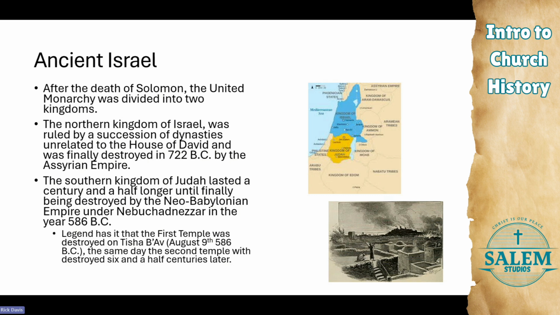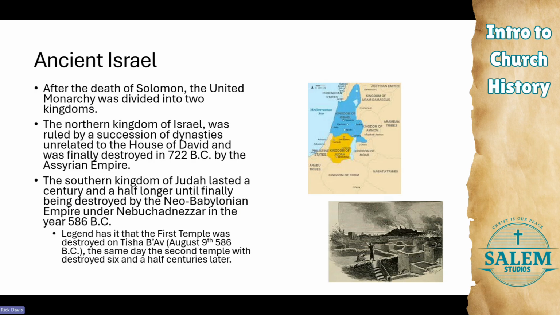And legend has it that the first temple was destroyed on Tisha B'Av, which is, I say the 9th of August, but it's really the 9th of the month of Av, which roughly corresponds with August, in 586 BC. Which is also, according to legend, the exact same day that the second temple was destroyed 6.5 centuries later.